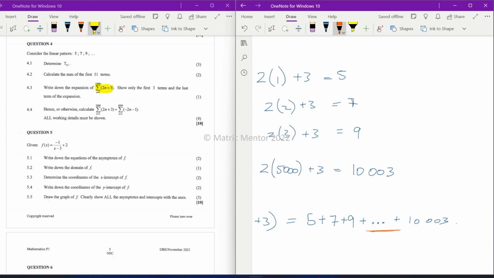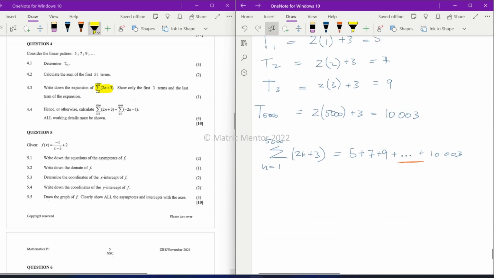And because there's no ellipses after this, we know that 10,003 is the last term. And then this whole line will be our final answer.